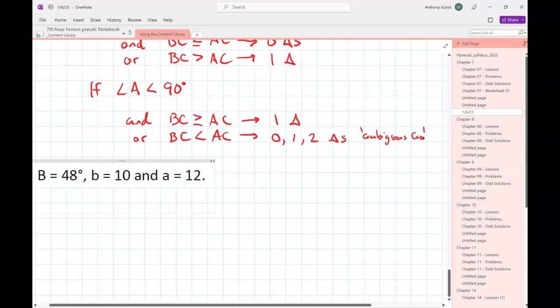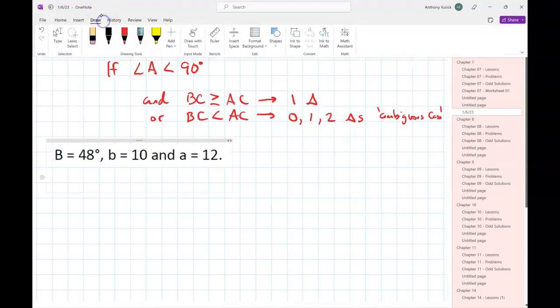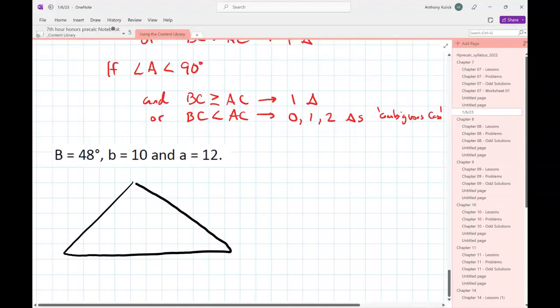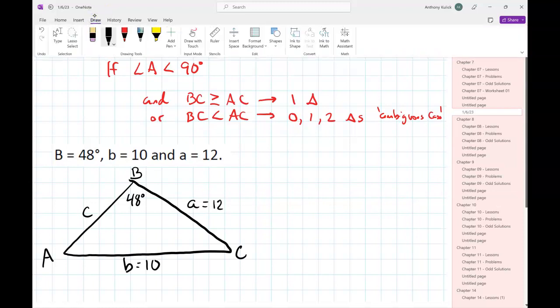Let's say we want to solve the triangle where angle B is 48, side B is 10, and side A is 12. So first thing I'll do is I'll just draw my picture out.